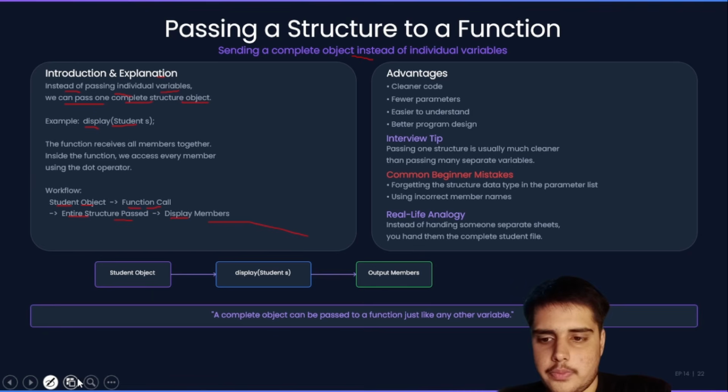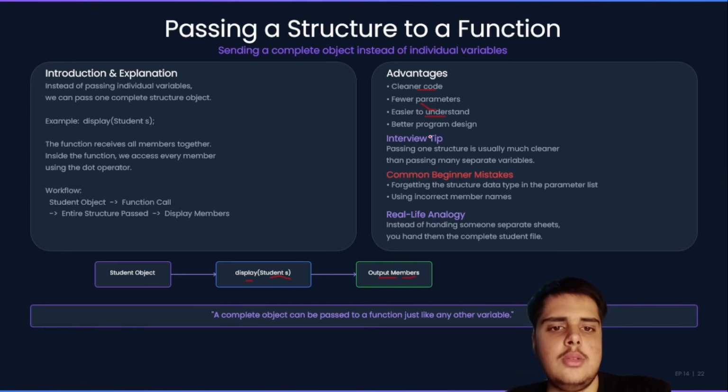So a student object is passed to display student, which then outputs the members. The advantage is cleaner code, fewer parameters, easier to understand, and better programming design. Interview tip: passing one structure is usually much cleaner than passing many separate variables.